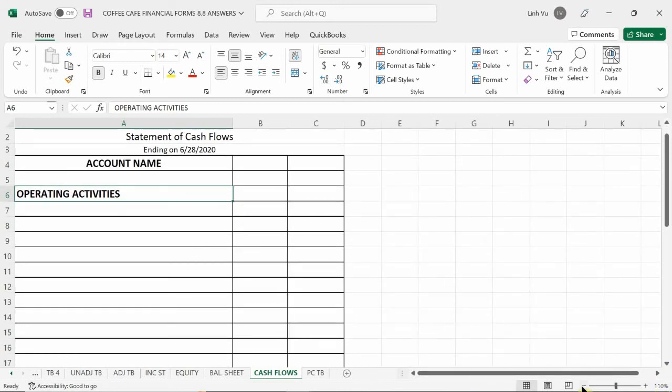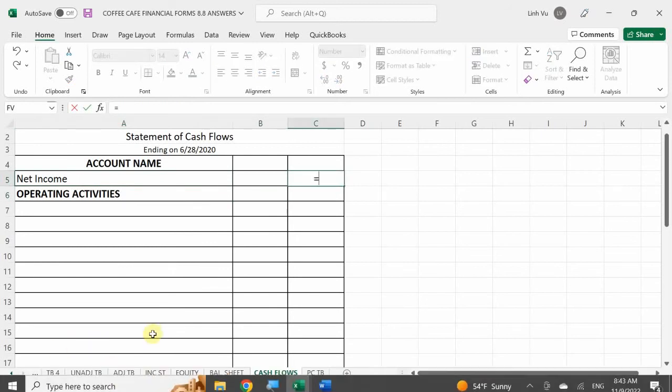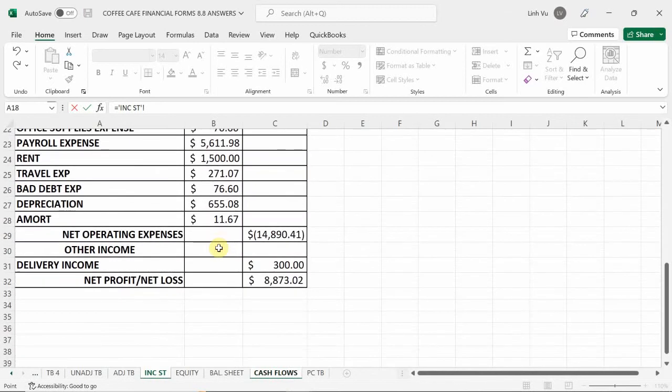The first thing we're going to start off with is identifying my net income, because this is the money I generated. How much money did I generate in my income statement? What was my net income?